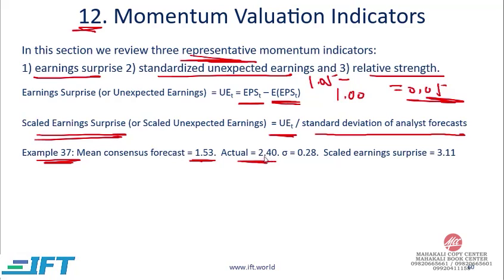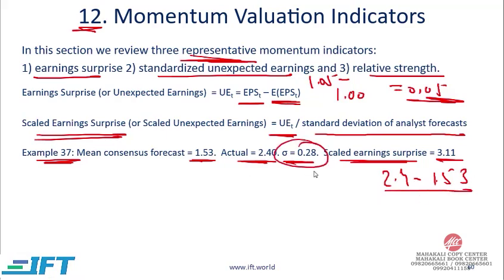There are several analysts who are following this stock, and the standard deviation of the analysts' expectations is equal to 0.28. The scaled earnings surprise is 3.11. So this is going to be the difference, 2.4 minus 1.53, divided by the 0.28. So notice that if there is a large standard deviation, which means that the different analysts are spread across a wide range, then a number that is different from 1.53 is not that unexpected.